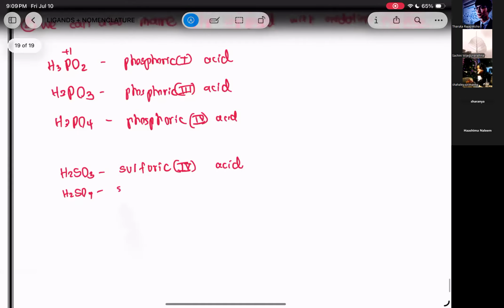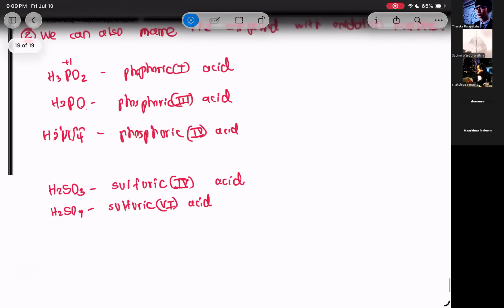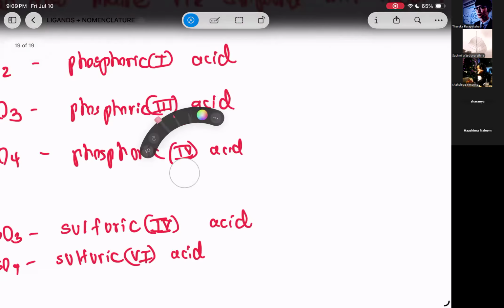This one also sulfuric 6 acid. So if you are writing the oxidation number, both of them you can write as sulfuric.